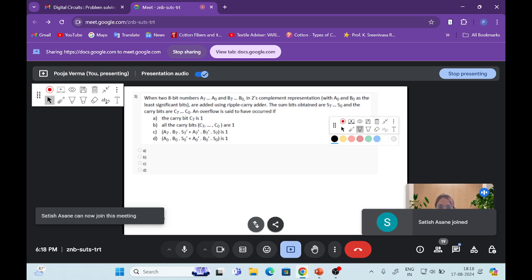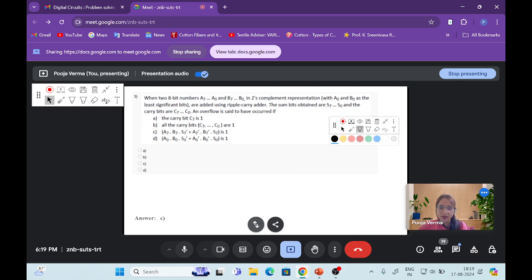An overflow is said to have occurred if, in which condition will the overflow occur? Option A, the carry bit C7 is 1. Option B, all the carry bits C7 to C0 are 1. Option C, A7 B7 S7 dash plus A7 dash B7 dash S7 is 1. Option D, A0 B0 S0 dash plus A0 dash B0 dash S0 is 1.